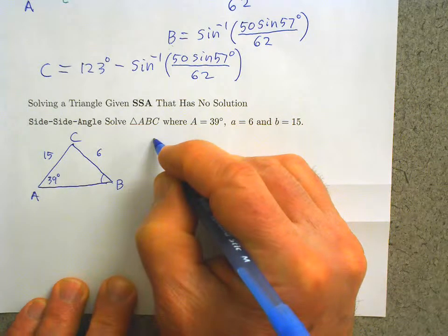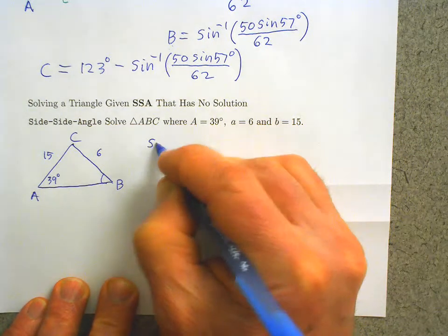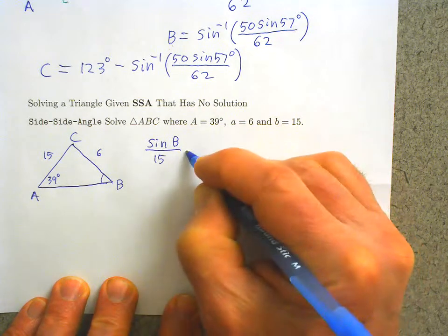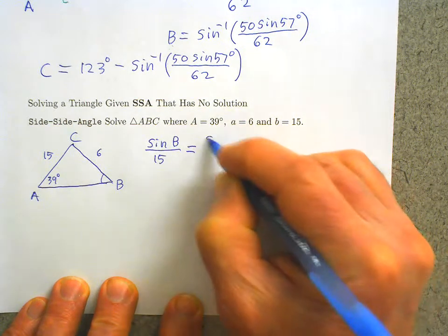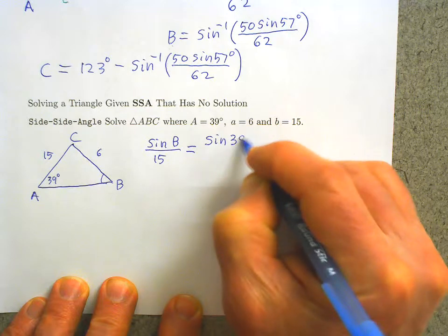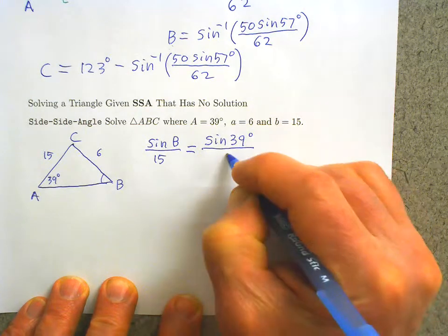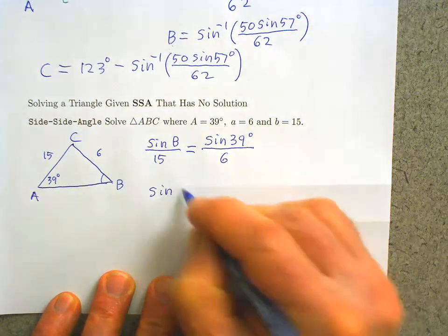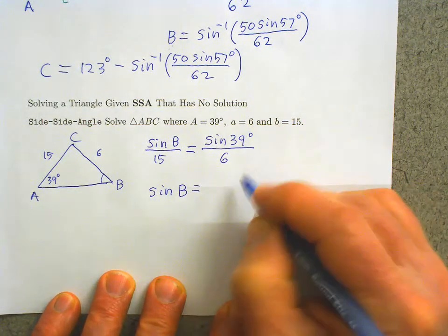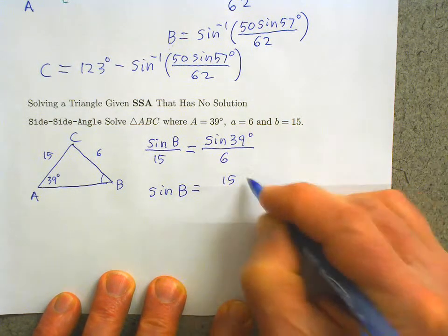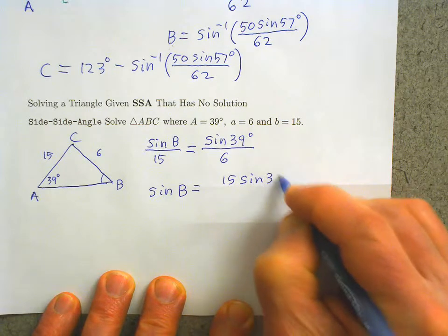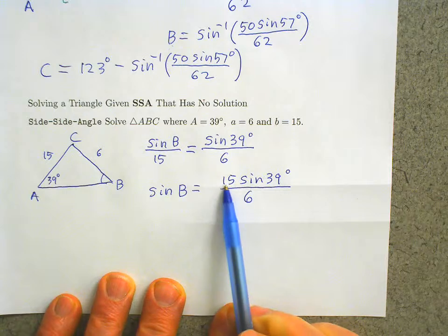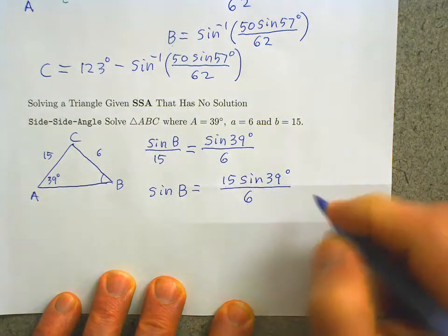So we can write sine of B over 15 is equal to the sine of 39 degrees divided by 6. And so sine of B is equal to 15 times the sine of 39 degrees divided by 6. 15 divided by 6 is 2.5.